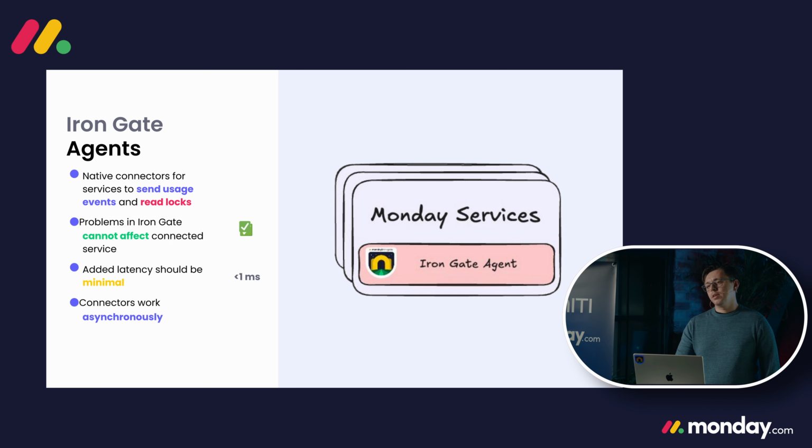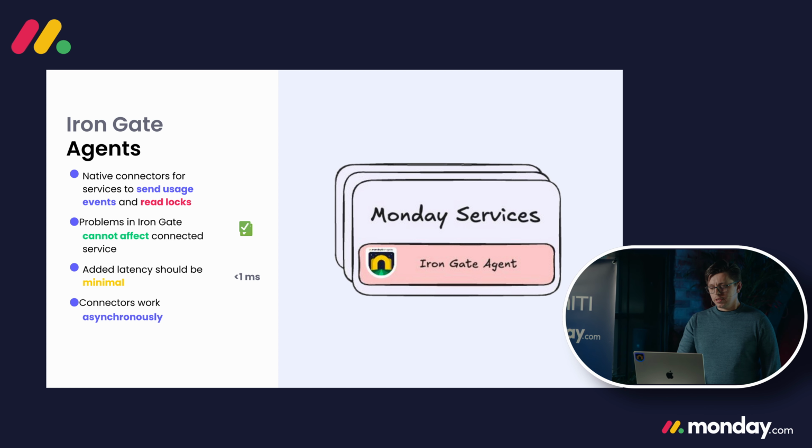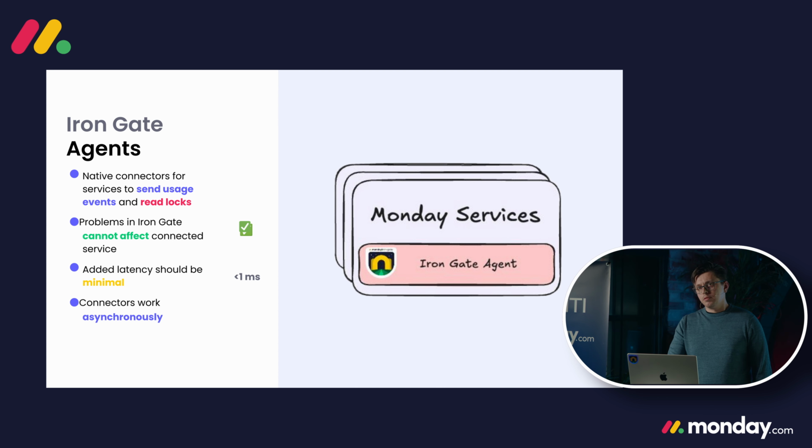To address those problems, we decided to implement all that logic, like fetching the configuration, fetching the logs, or sending the events to the queue, as asynchronous processes, like background workers. Thanks to that, we're able to separate it from the main application. And doing that, we managed to solve the first problem. If there is any problem, it's just invisible to the service that it doesn't work. And the added latency was around 1 millisecond, so it's acceptable in most cases.